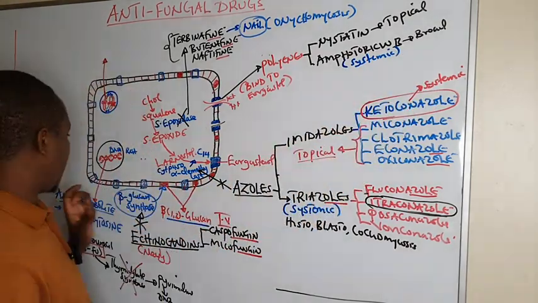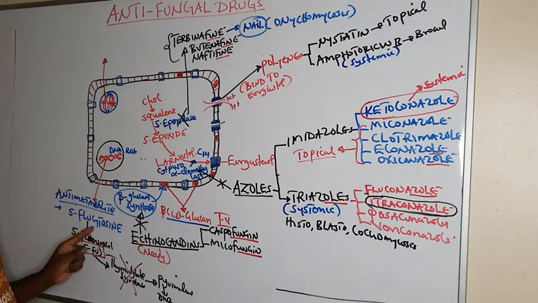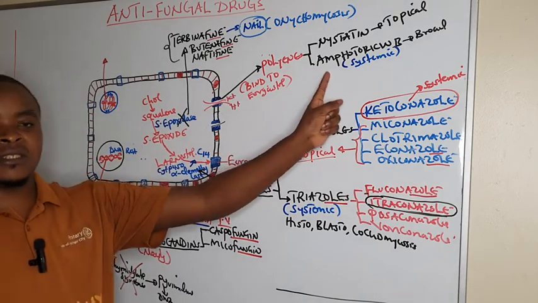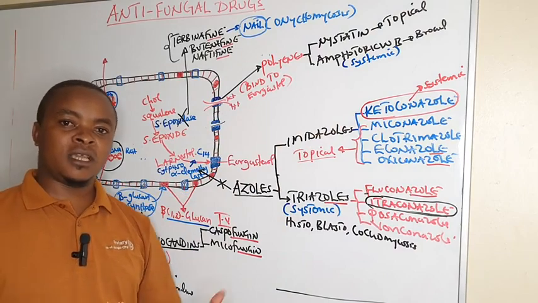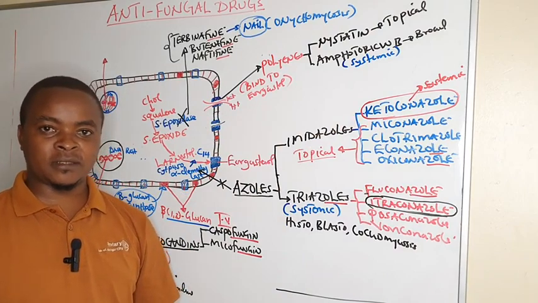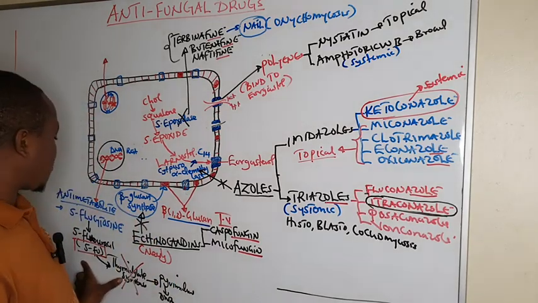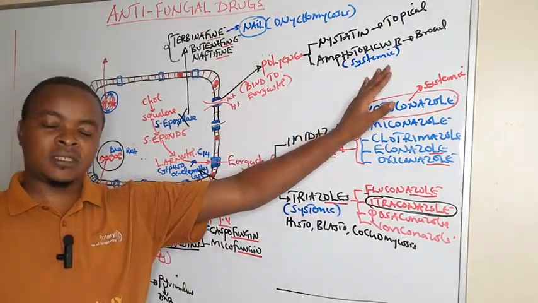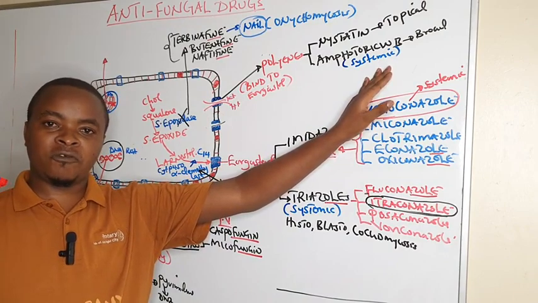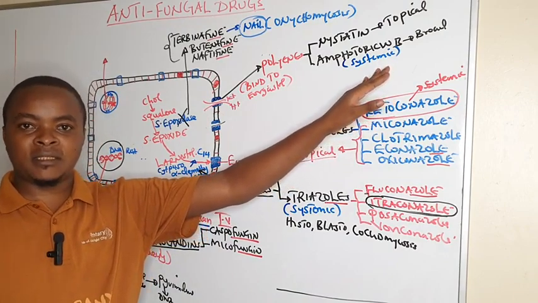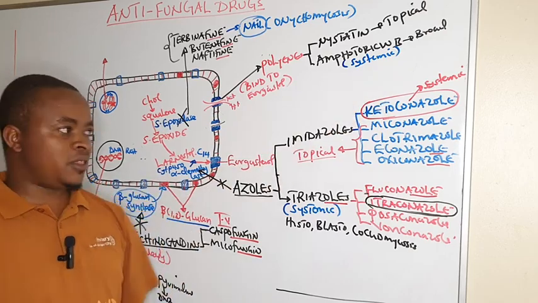So when we give them in combination, this one will enable entry of amphotericin into the CNS, hence producing a synergistic effect. So a combination of 5-flucytosine and amphotericin is used in treatment of cryptococcal meningitis. First, then we continue with fluconazole.